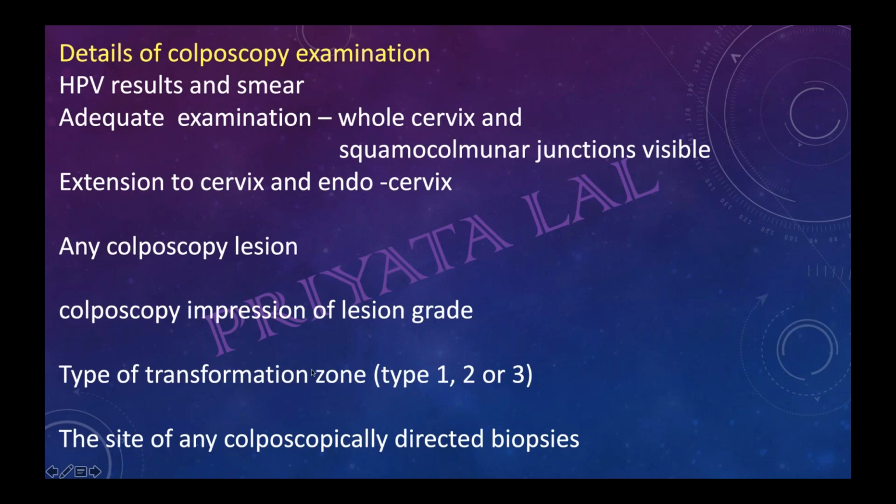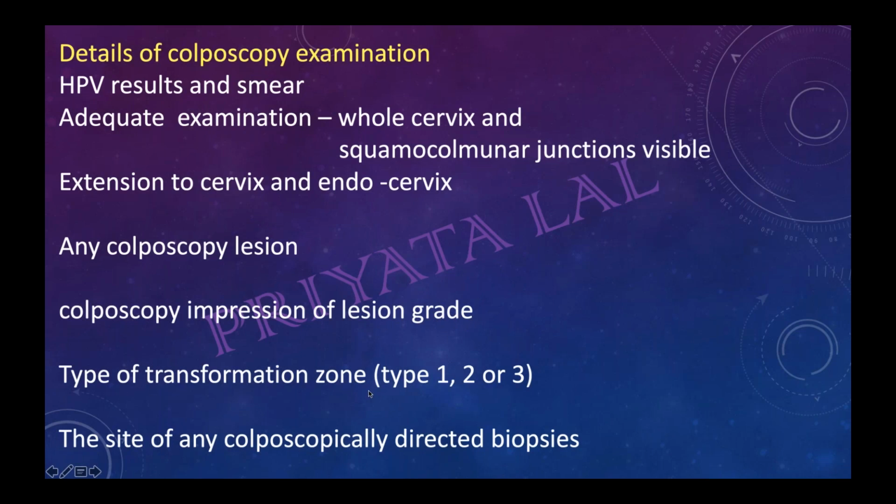Okay, so this is what they wrote in the new guideline. In the details of the colposcopy examination, what they usually have to write: the HPV result, the smear result if it is there, whether the examination is adequate, meaning the whole of the cervix and squamocolumnar junction is visible, whether any extension to the endocervix is there, any colposcopy lesion, and the colposcopy impression of lesion grade: low grade lesion CIN1, or high grade lesion CIN2 or 3.